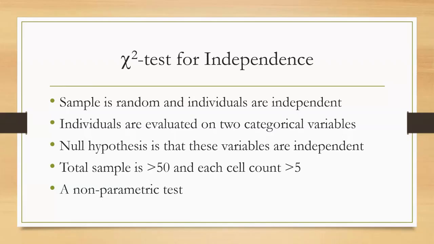Finally, the chi-square test for independence is a non-parametric test, whereas in some situations, the chi-square test of goodness of fit is a parametric test because we're checking to see if our data match to some distribution, right? But the test for independence doesn't assume that the data on the individuals matches a particular distribution. We're just asking if they're independent from one another.